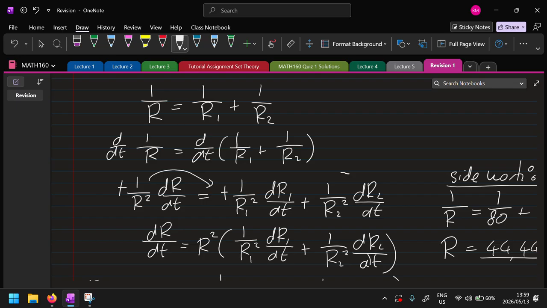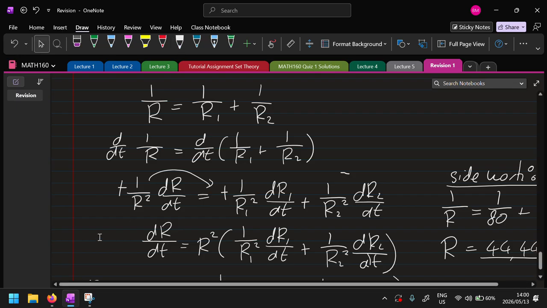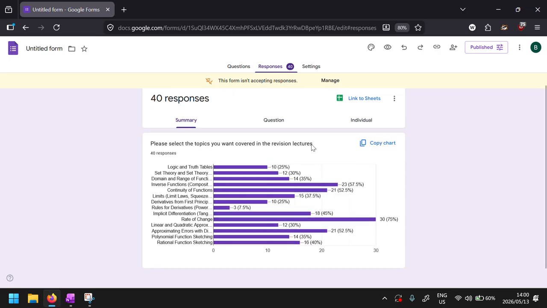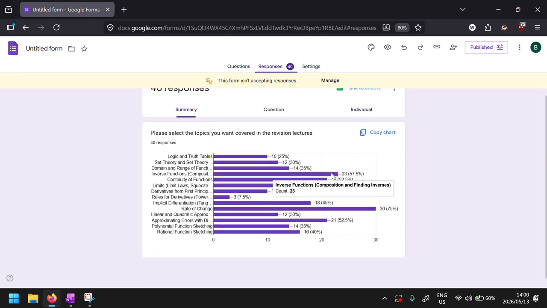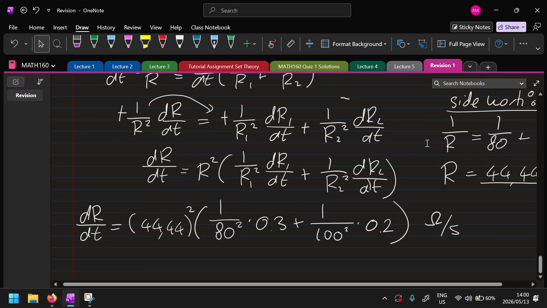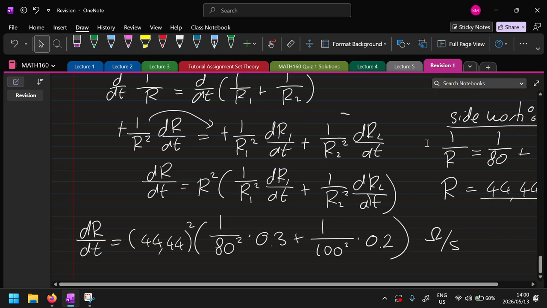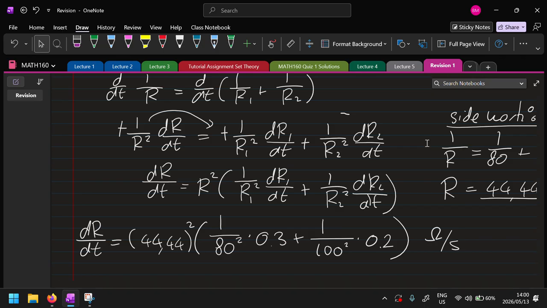Okay. Let's see what the next thing was. I didn't really want to start this today. We can have a vote. So the next highest voted thing was composition and inverses. So we're just going through the list here. There's 23 votes for that. Either we spend another half an hour-ish going through that, or we save it for tomorrow.